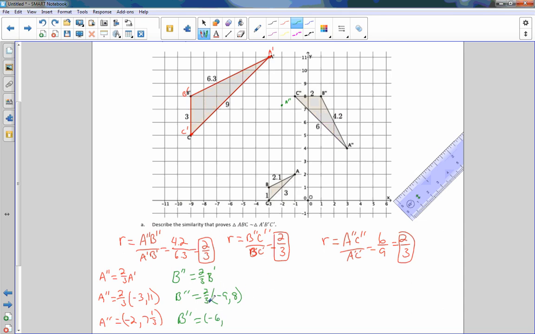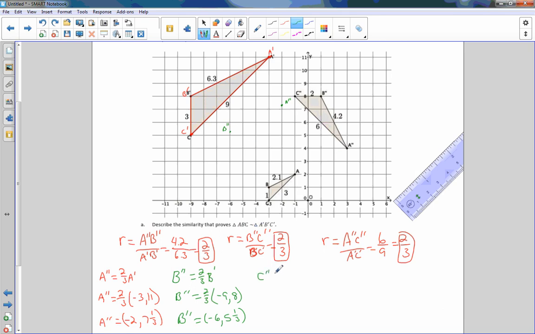And 8 times 2 is 16 divided by 3. Well, 5 times 3 is 15 with a remainder of 1, so that's 5 1/3. So -6, up to 5 and another third. There is B double prime.